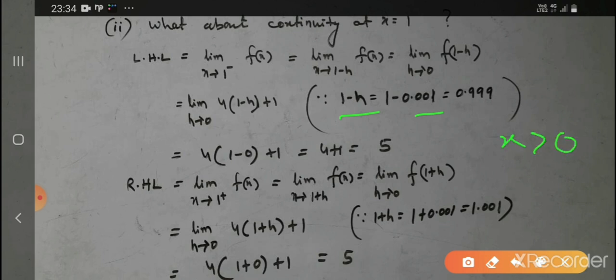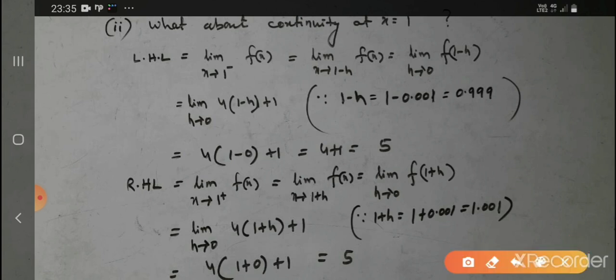In x greater than 0, the function is given as f of x equal to 4x plus 1. So this is 4x, where x is 1 minus h.